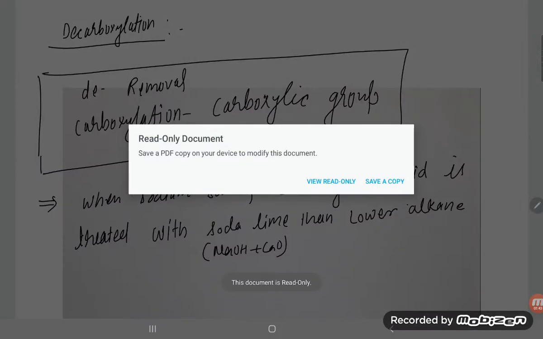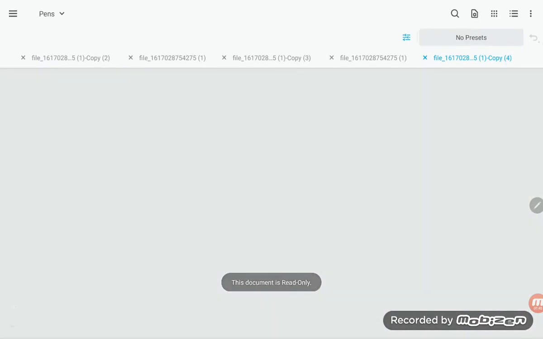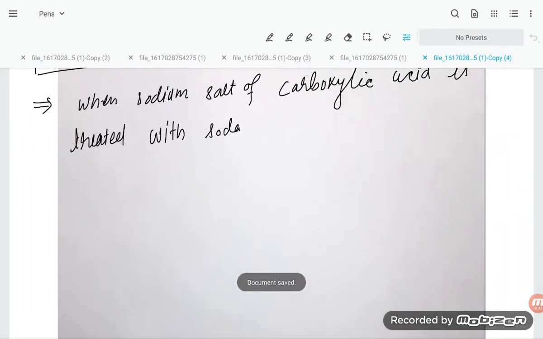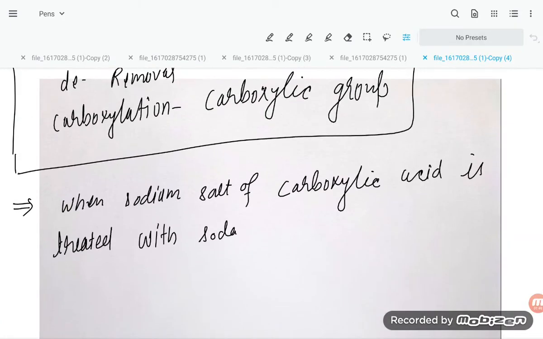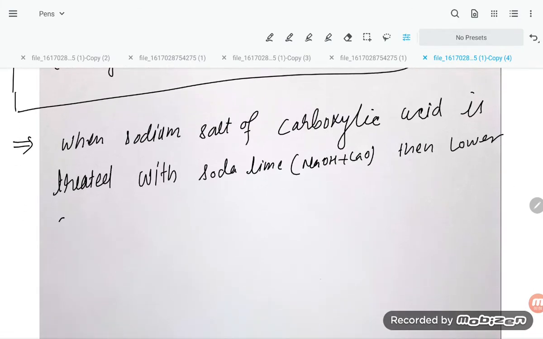So this is the condition, students. Soda lime, NaOH plus CaO, then lower alkane formed. So this is the condition.